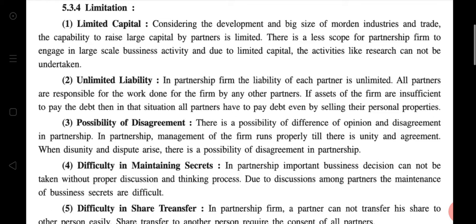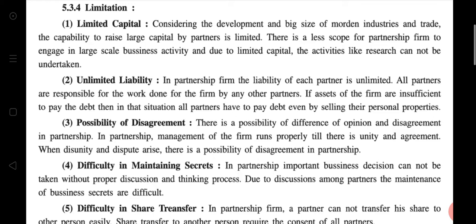Considering the development and big size of modern industries and trade, the capability to raise a large capital by partners is limited. So there is less scope for partnership firm to engage in large scale business activity, and due to limited capital, activities like research cannot be undertaken. Clear?